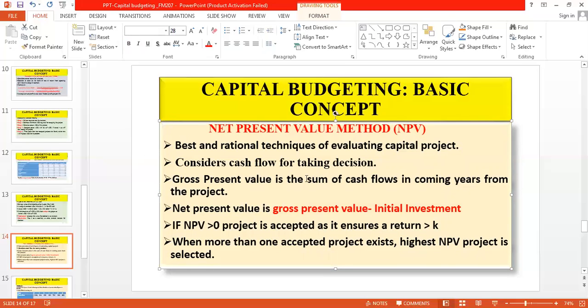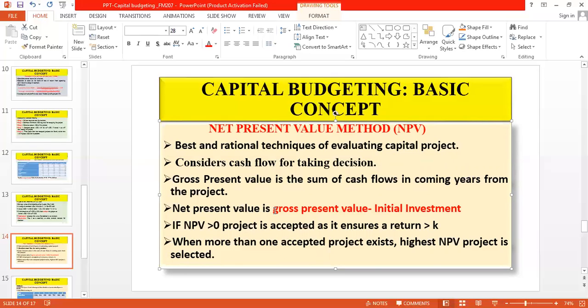Now, after net present value calculation, you can get three possibilities. Either it can be positive, or it can be zero, or it can be negative. If it is positive, definitely accept the project, because positive net present value means that this particular project is providing you a return which is higher than the minimum required cost of capital.